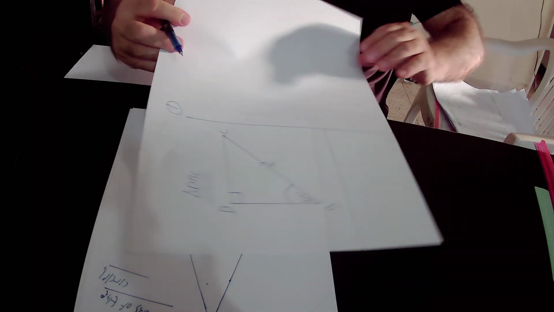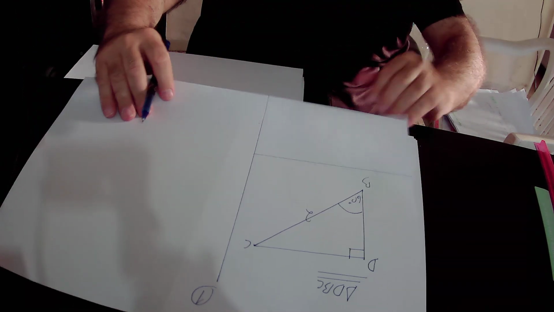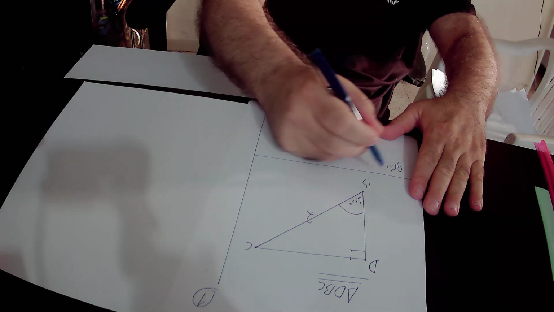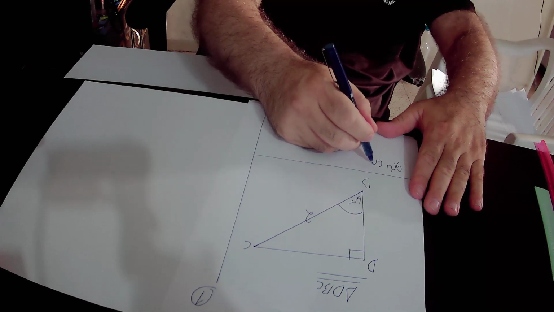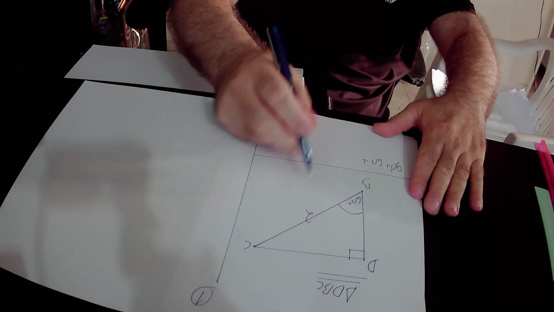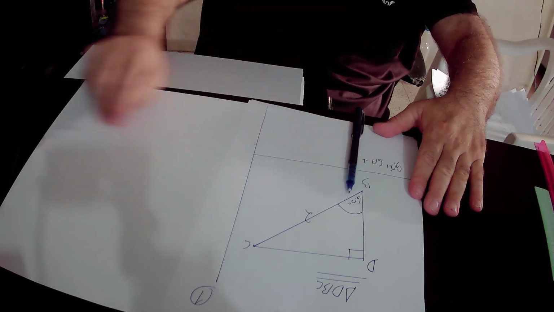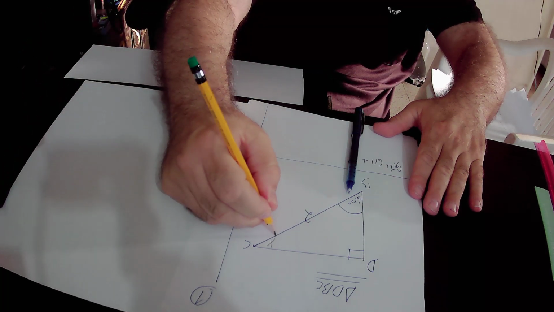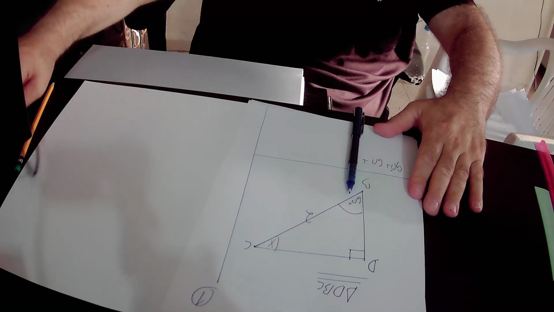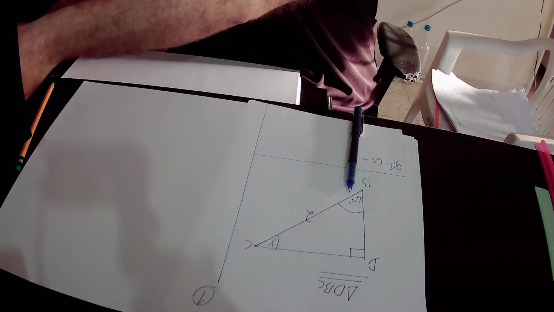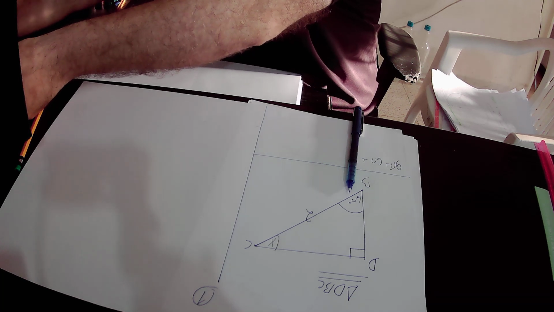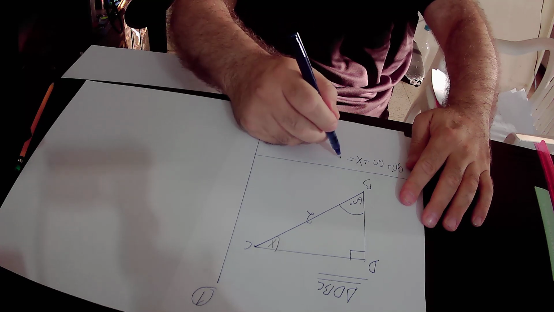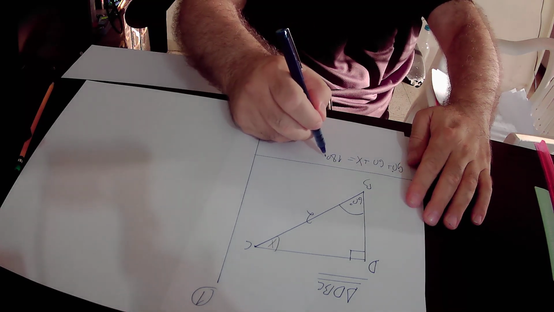We have this angle that is equal to 90 degrees, plus this angle that is equal to 60 degrees, plus this angle that we will define as angle X. In total, the sum of those three angles must be equal to 180 degrees, according to the rule that the sum of the angles in any triangle is equal to 180 degrees.